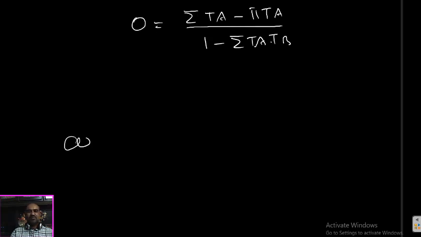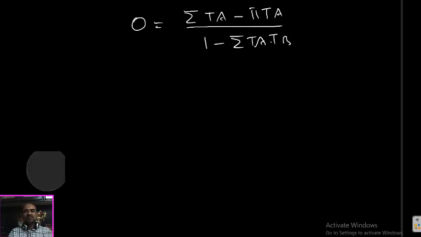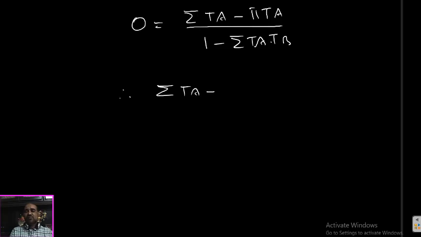For example, if A by B is equal to 0, then A must be 0 only. Therefore, sigma tan A minus pi tan A must be 0. What is the meaning of that?